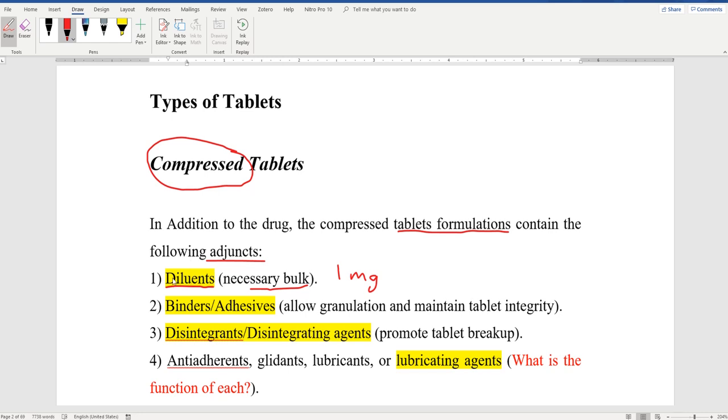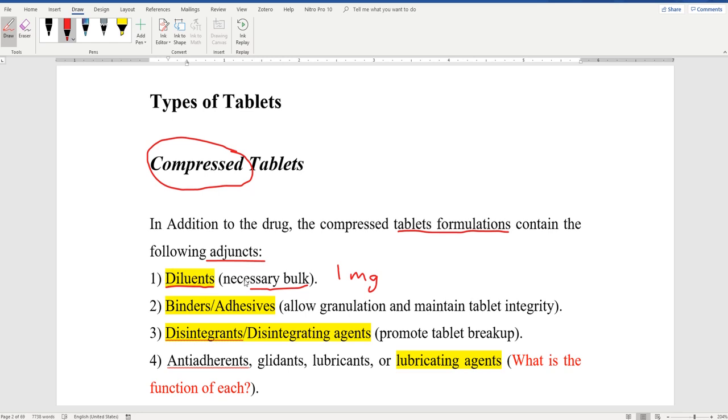Of course, the diluents, as you have studied in capsules, can also help in improving the flow, but it's not a glidant. We don't call diluents glidants because they are not specifically used to do that. Actually, glidants are materials that are able to improve flow in very small quantity. For example, 1% of the whole formulation using glidant will improve its flow.